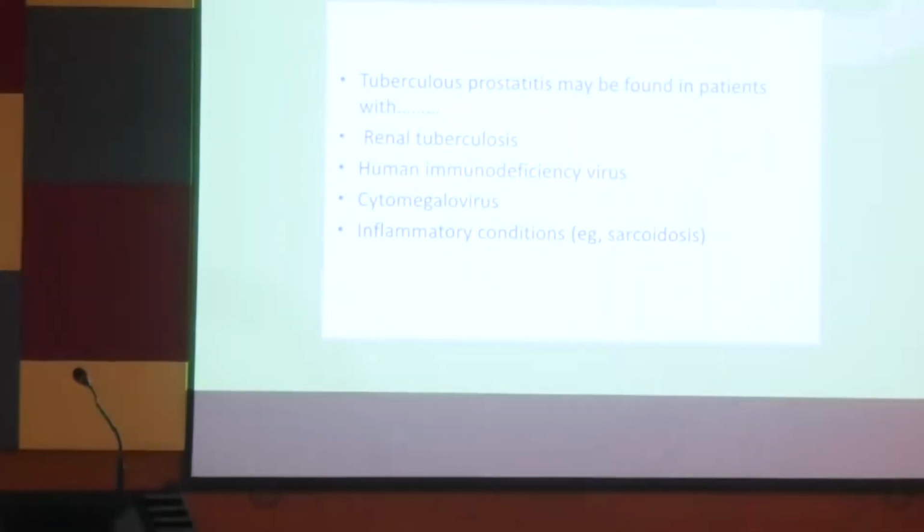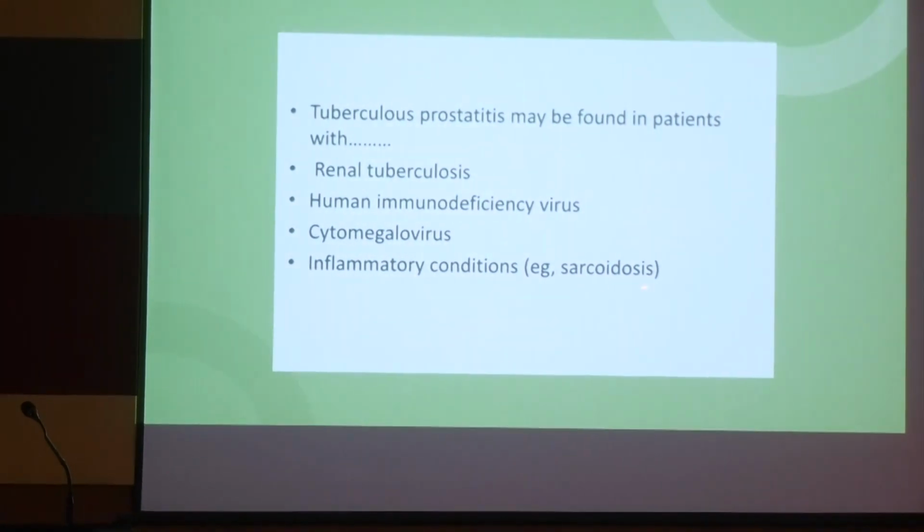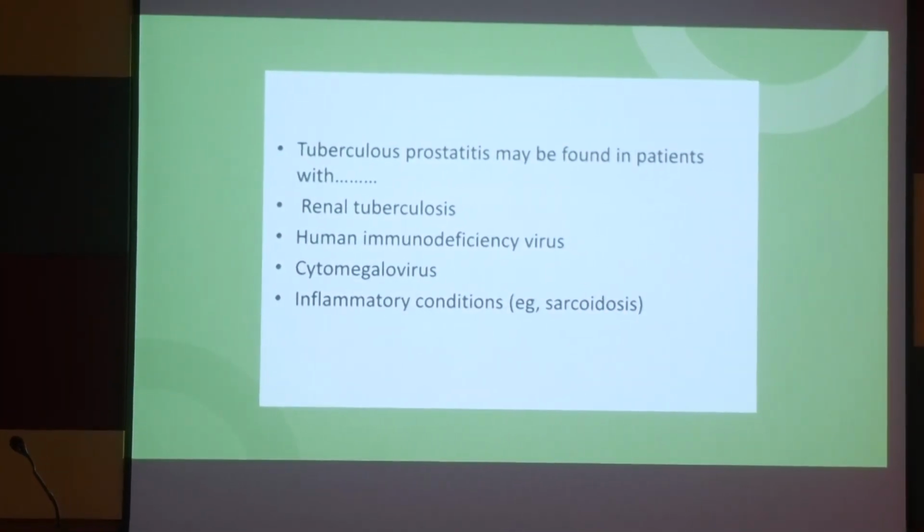So, tuberculous prostatitis may be found in patients with renal tuberculosis, human immunodeficiency virus or HIV infection, cytomegalovirus, and inflammatory conditions like sarcoidosis.